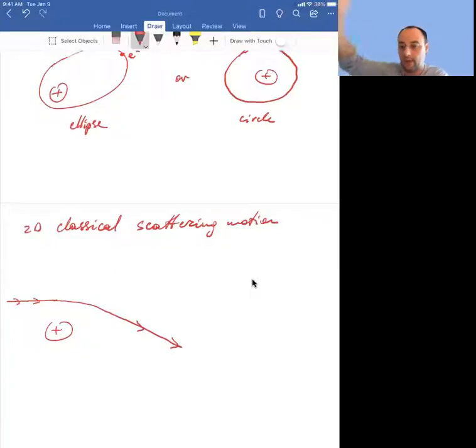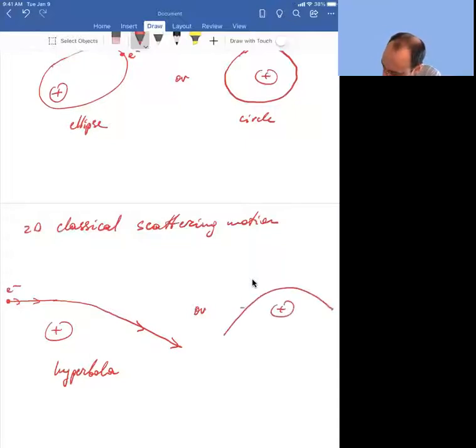It doesn't end up revolving around the proton. So this is an electron. So this is hyperbola. Or you can also have a parabolic trajectory. But it's very rare. You have to choose initial conditions very, very carefully.